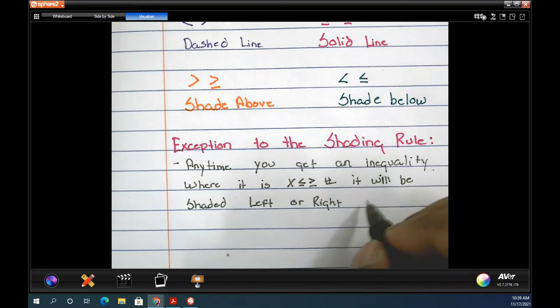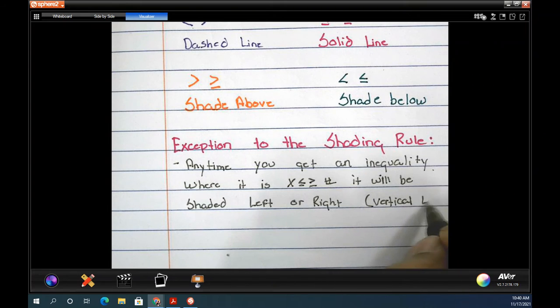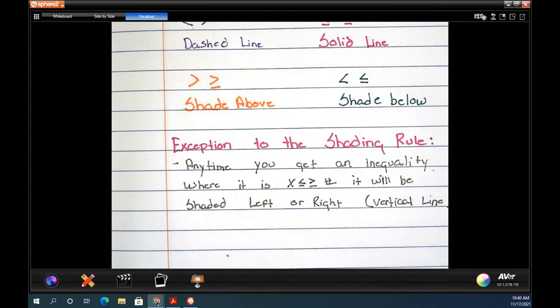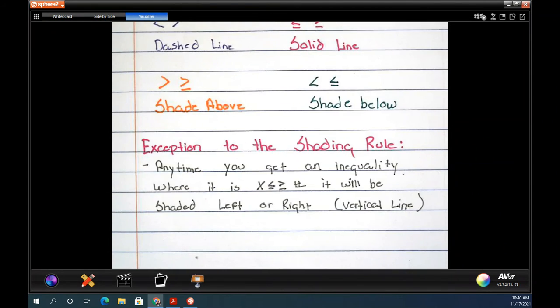And that's because it's a vertical line. It doesn't change for a horizontal line. Those rules still apply. But if it's a vertical line, the rules change.